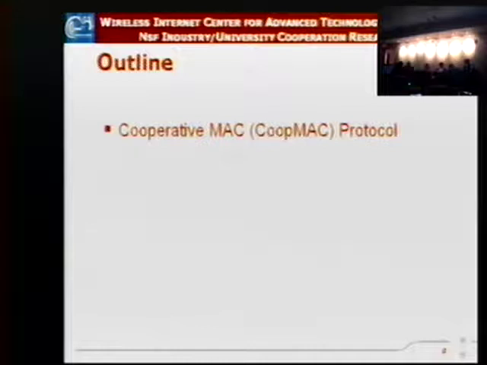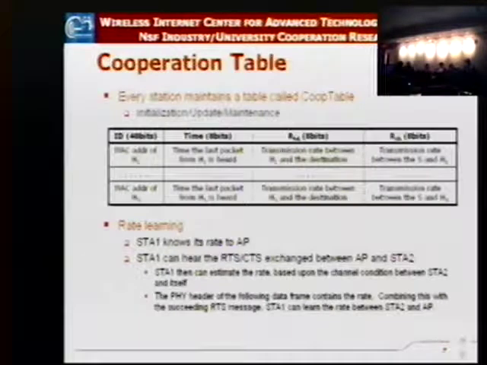So based on this simple scheme, we designed a cooperation protocol that we call CoopMAC. And I'm going to describe it right now. Under this protocol, every station maintains a table that we call the cooperation table or Coop table. In this table, the station maintains information about all the neighbors in the area that can be candidate helpers for its transmission.